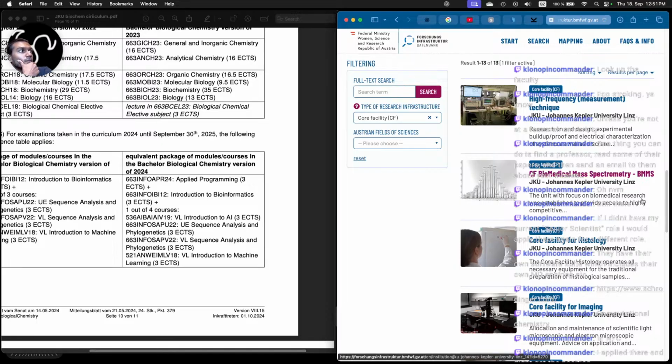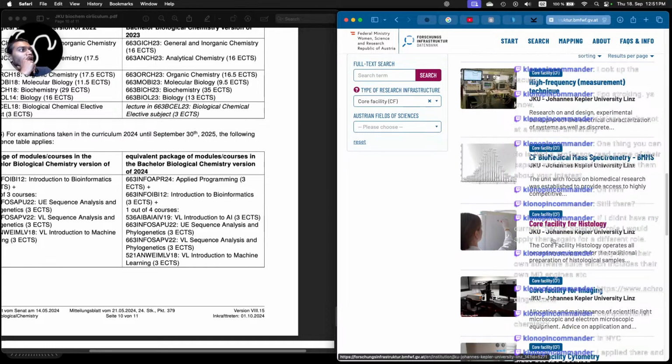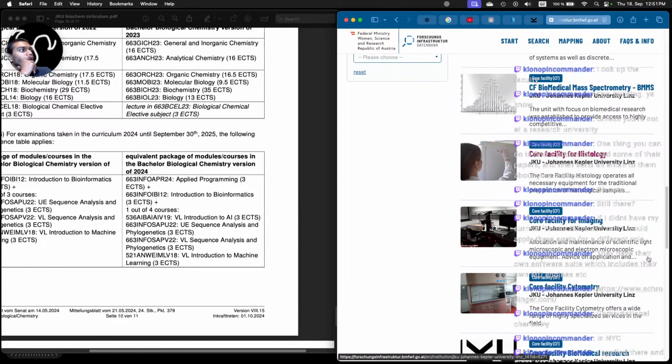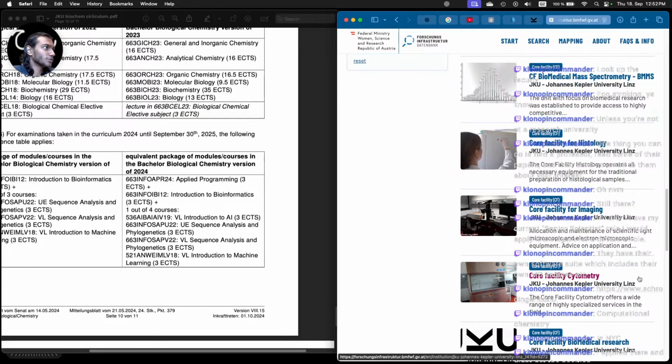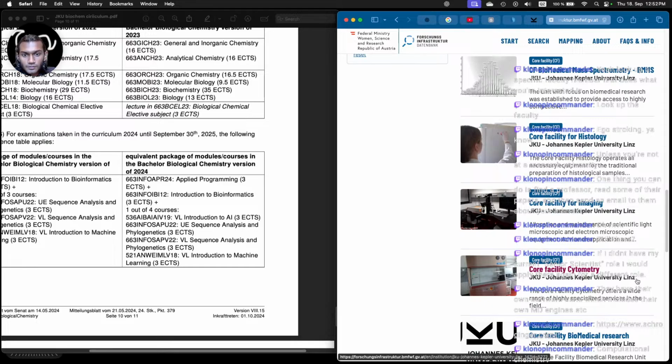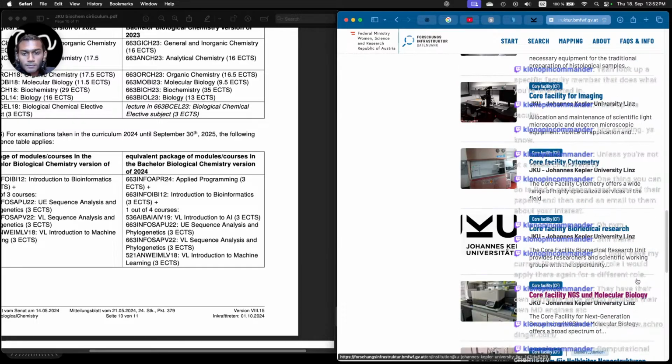Biomedical mass spectrometry. You know what? That was a good idea. I never knew this website for JKU was there. Histology. Traditional preparation of histological samples. Imaging. Cytometry. Okay, look up a specific faculty member that does what you're interested in.